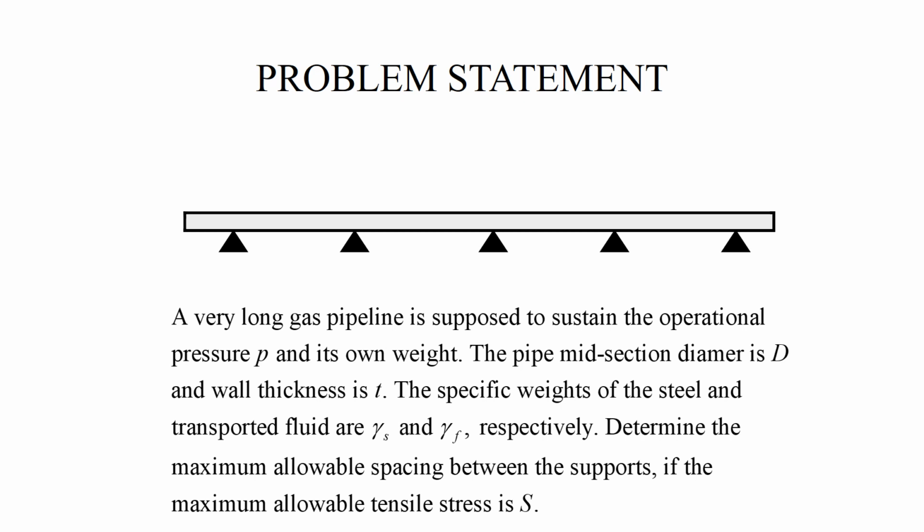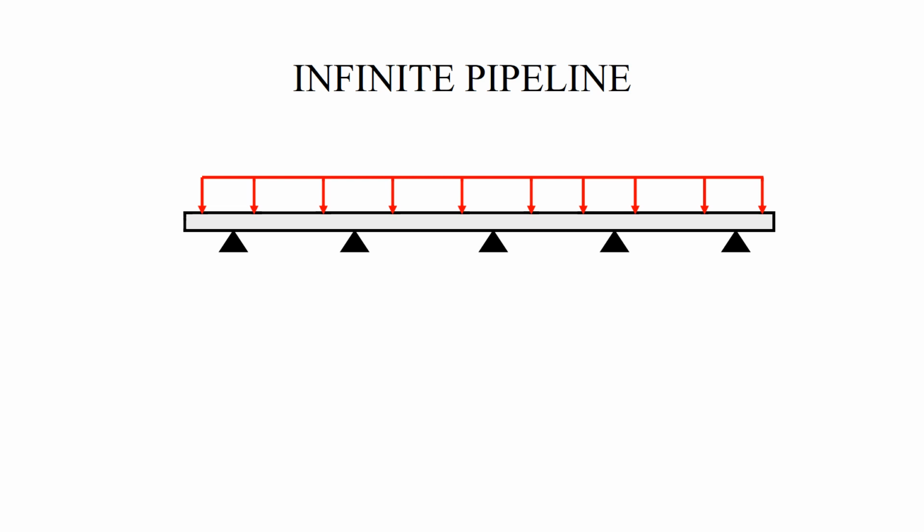So to deal with this problem in a rational manner, I will first of all think that the weight of the pipeline is represented as a uniformly distributed load of intensity W, and then I will think that the pipeline is essentially infinite. Okay, let us see what are the consequences of this assumption.